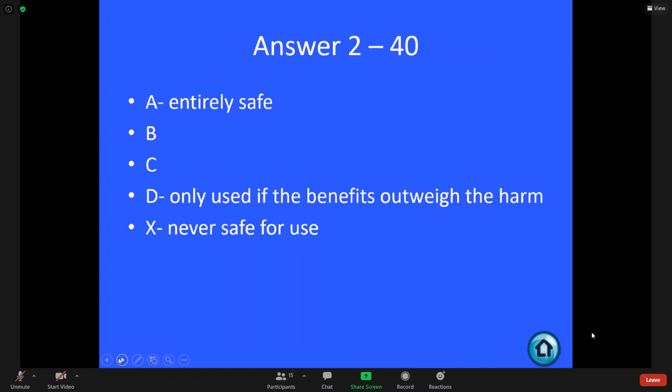But your category C, D, and A, those are safe to use. There's not a whole lot of concern with those. The reason the A, B, and C are there is because A has no effect on the fetus at all. B and C might have minimal effects on the fetus, but nothing like your D's and your X's.